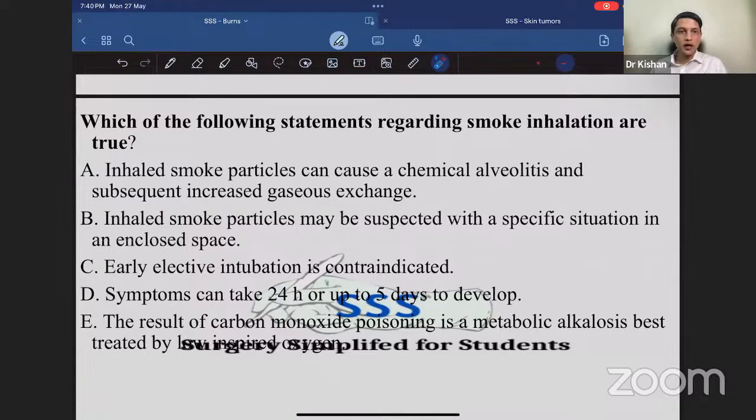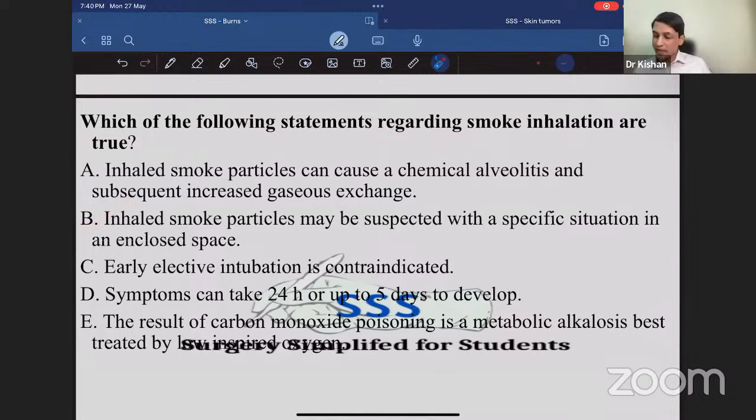So which do you think are true among A, B, C, D, E? Shankar Narayan is telling B. Akshita is telling B and D. What is B? Inhaled smoke particles may be suspected with a specific situation in an enclosed space. That's correct. I agree with you. B is correct.